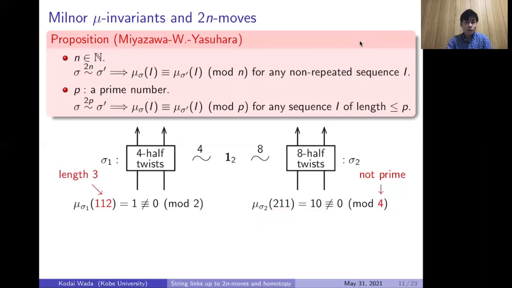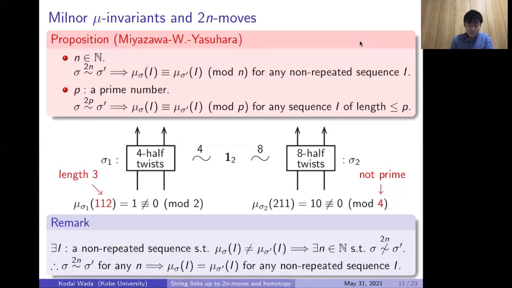We turn to the first assertion. By this assertion, we see that if there exists a non-repeated sequence I such that the mu invariants of sigma and sigma prime for this sequence I are not equal, then there exists a positive integer n such that sigma and sigma prime are not 2n-equivalent.